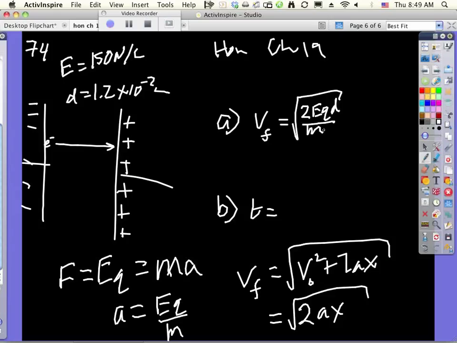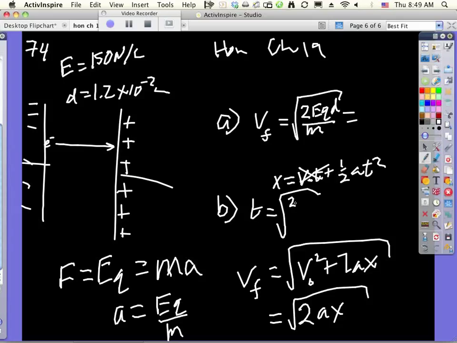V0 was 0, so t equals the square root of 2D over A. And since A was that, it's 2DM over EQ.